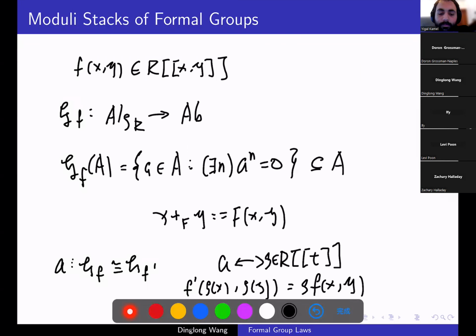So it's really equivalent to our original definition of formal group law.